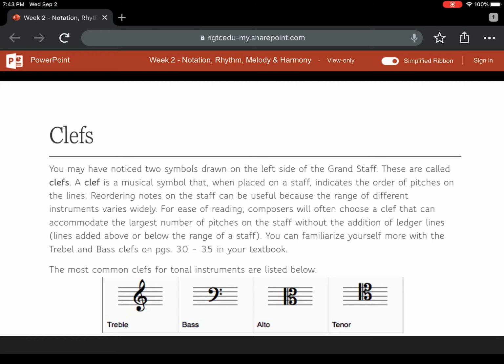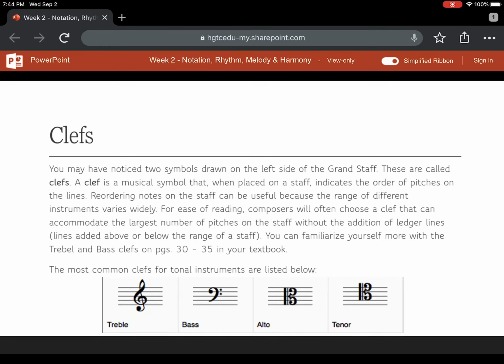And a clef is a musical symbol that when placed on a staff indicates the order of the pitches. So if I have the top line of the treble clef, I know that that is an F note. If I have the top line of the bass clef, I know that that is an A note. Right? These are very different, so it really matters which note that you have there.